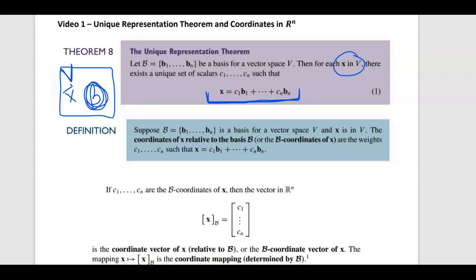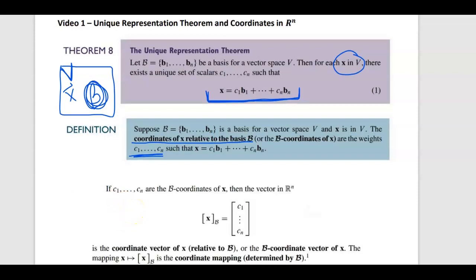Now we call those C1 to Cn the coordinates of x. They have to be unique. So we take the basis, we do a linear combination with a unique set of scalars. Those scalars are called the coordinates of x relative to our basis.